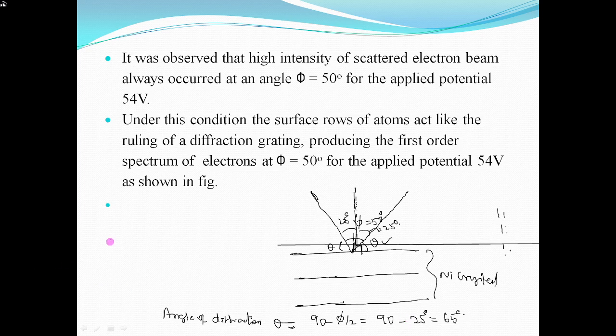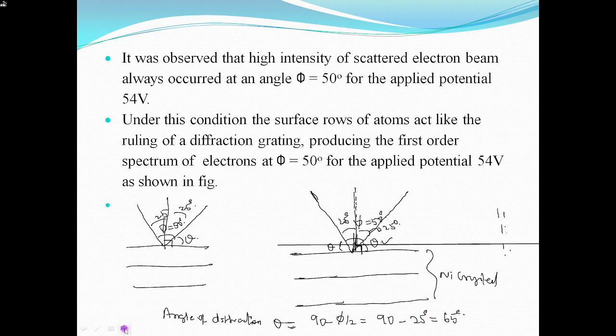So these are the crystal planes. When the electron beam falls on the crystal planes, it gets diffracted. The maximum angle of diffraction is at 50 degrees; if I make this half, this is 25 degrees and this is 25 degrees, and theta is 65 degrees.